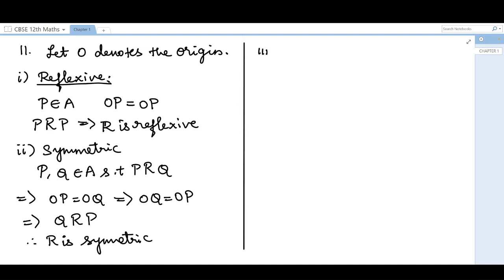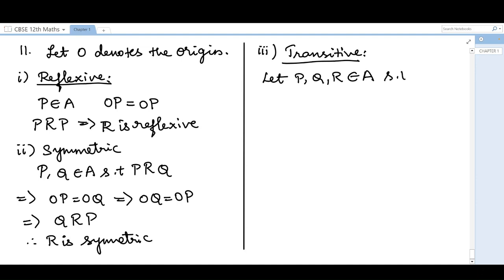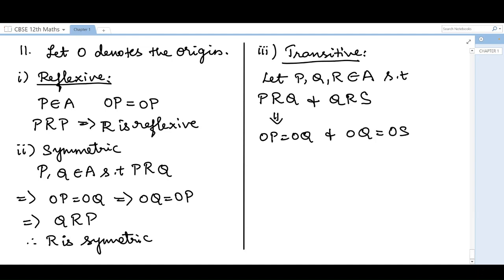Third one, transitive. Let us take 3 points P, Q, S in the given set A, such that P is related to Q and Q is related to another point, say S. So from this what we could conclude is OP equal to OQ and OQ equal to OS.